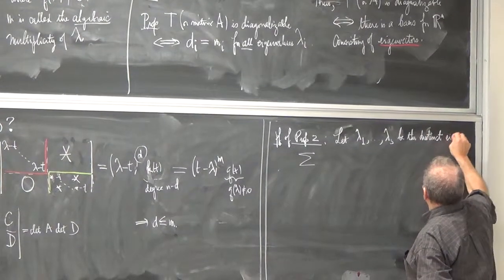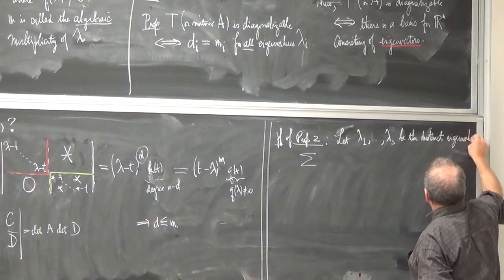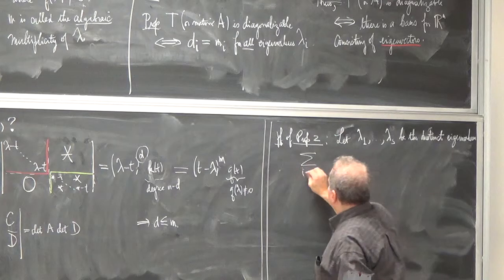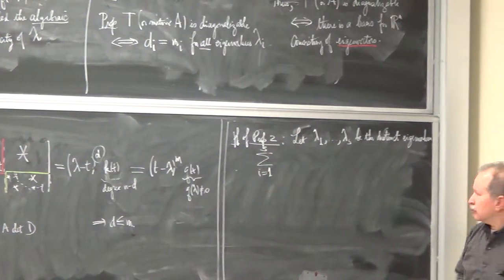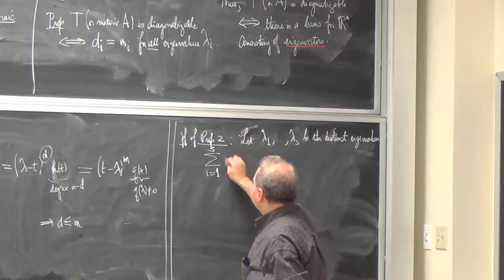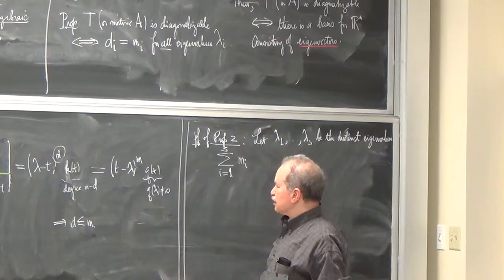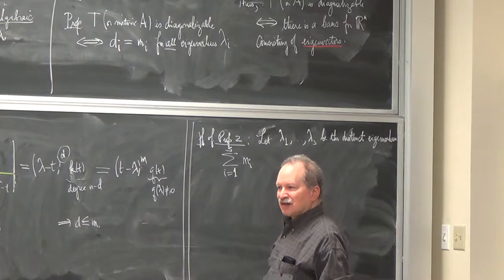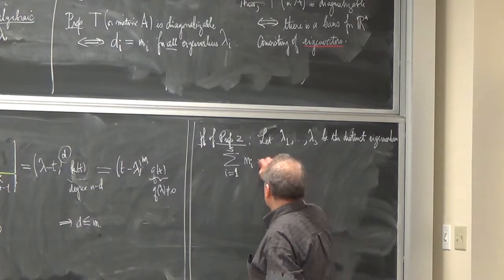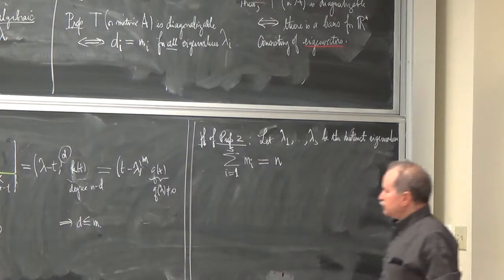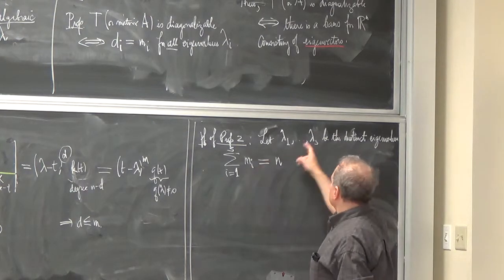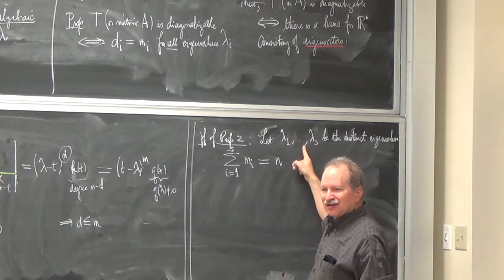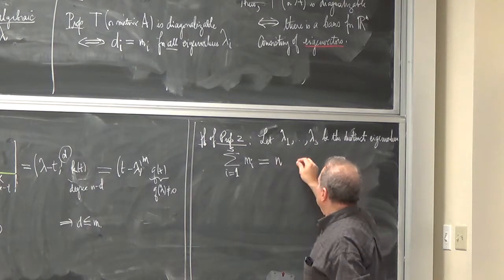So I have s distinct eigenvalues. Each one of those has a d and an m. What do we know about the sum of the algebraic multiplicities? They add up to the degree of the polynomial, which is n, because these are all the roots of the polynomial. The polynomial has degree n.